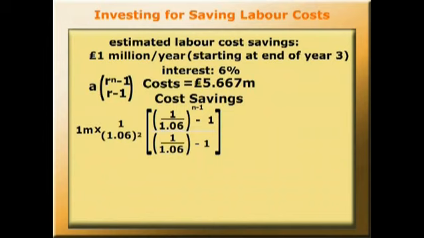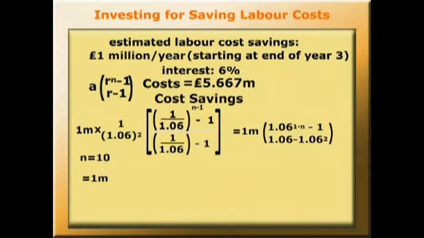Moving the term 1 over 1.06 squared inside the bracket will give us 1 million times 1.06 to the 1 minus n minus 1 over 1.06 minus 1.06 squared, and in our case n equals 10.